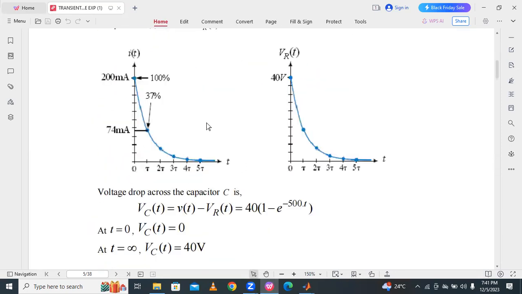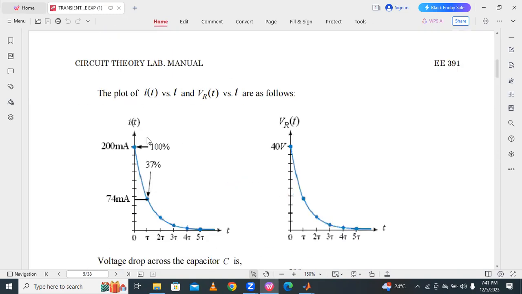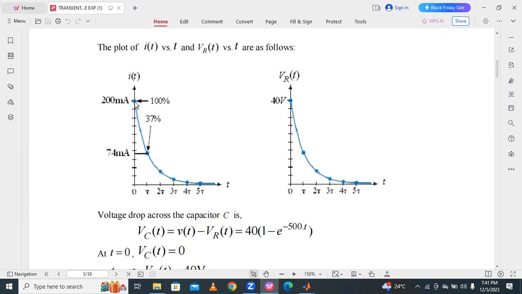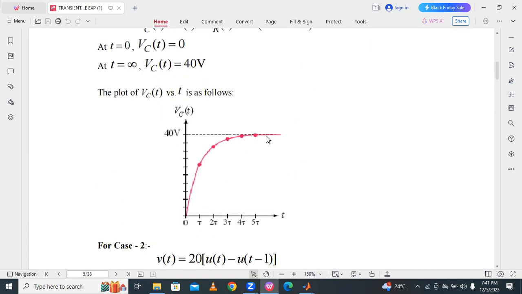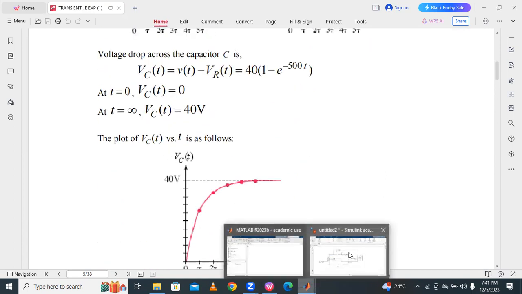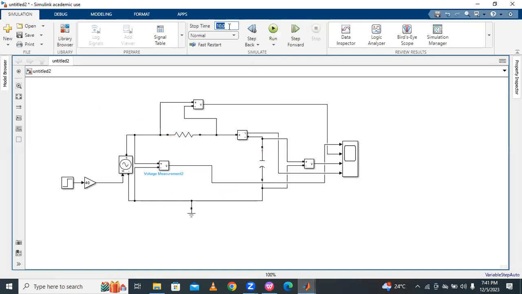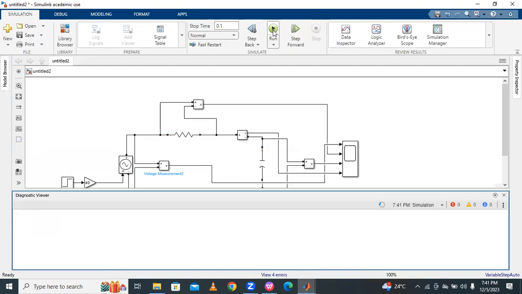First we have to verify the current I of t and VR of t, the voltage across the resistor. The current in the circuit decreases exponentially from 200 milliamps, VR of t decreases from 40 onwards, and the capacitor voltage increases up to 40. Here, for example, 0.1, 10. Simulate.